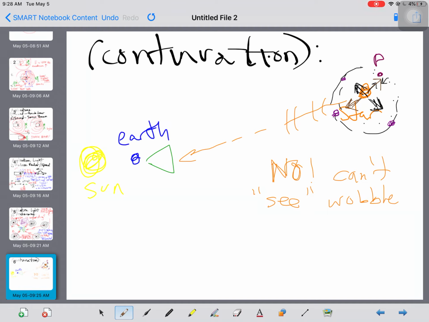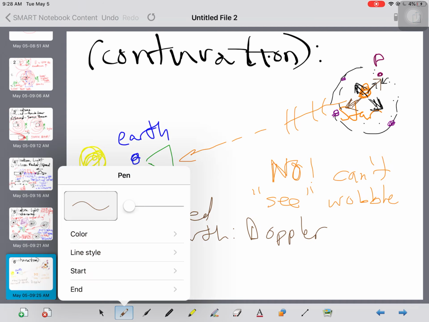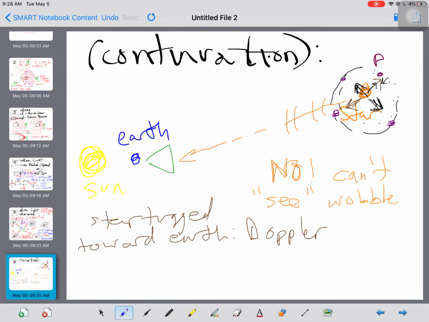Oh, so when the star is tugged toward Earth, guess what? You get Doppler effect. This is crazy. Yes, actually, the waves appear a little bit more squished together than they normally would. And we actually call that a blue shift, opposite of a red shift.